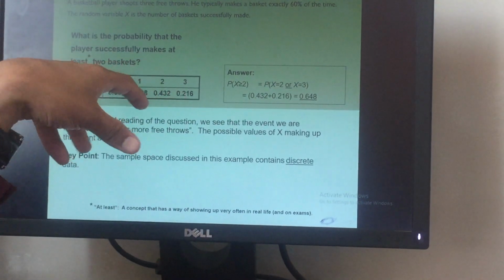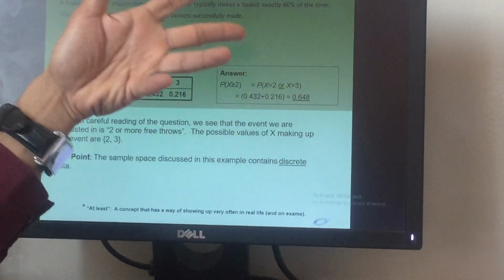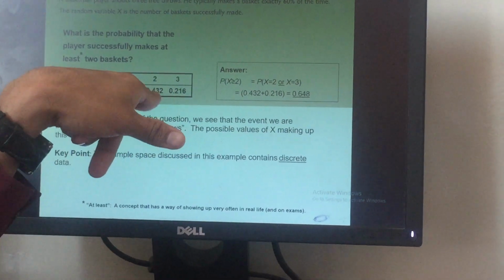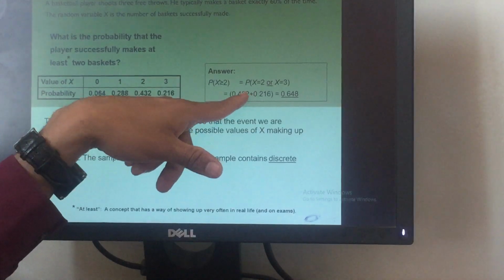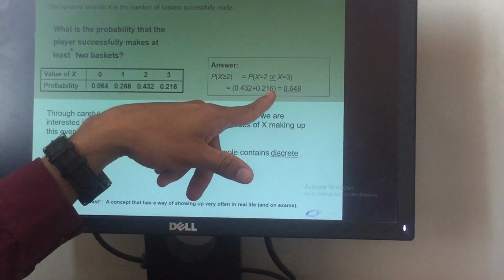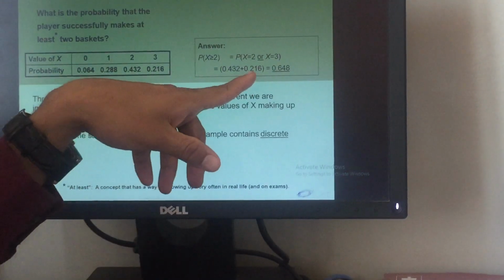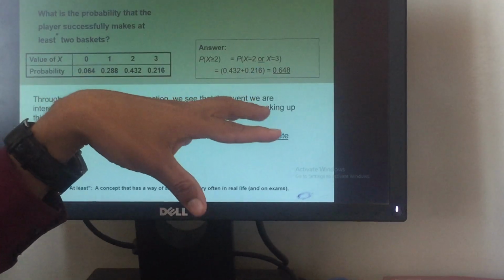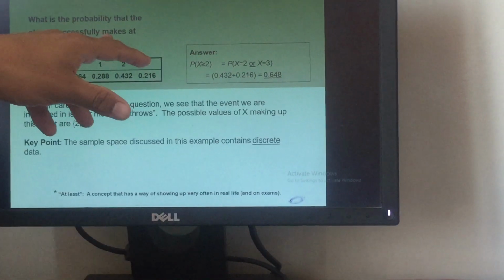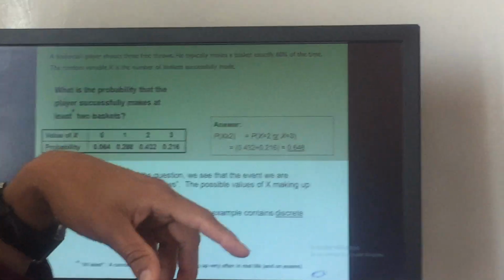We are concerned with at least 2, meaning 2 or 3. For 2, the probability is 0.432, and for 3 it is 0.216. We add them up, like a union, and we get 0.648. This is the probability that a player successfully makes at least 2 baskets.